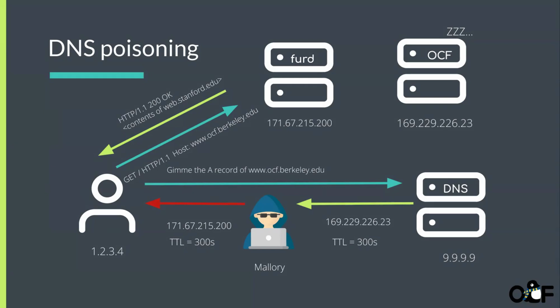So let's say this attacker got between me and my DNS server, and intercepted the request and then changed it. So now when I visit ocf.berkeley.edu, instead of giving me the right address, if the attacker is able to spoof this other one, I would visit a different website instead.